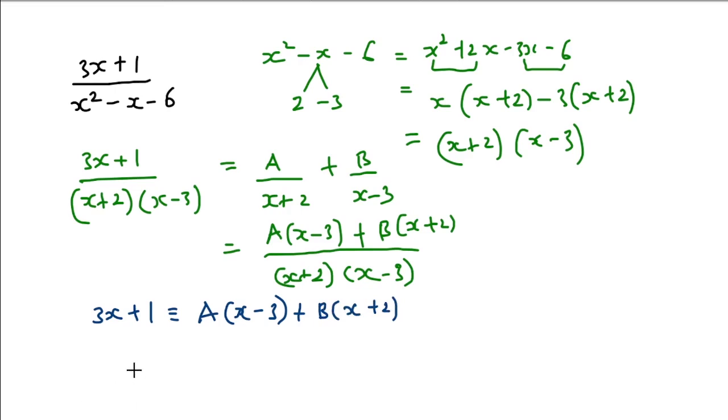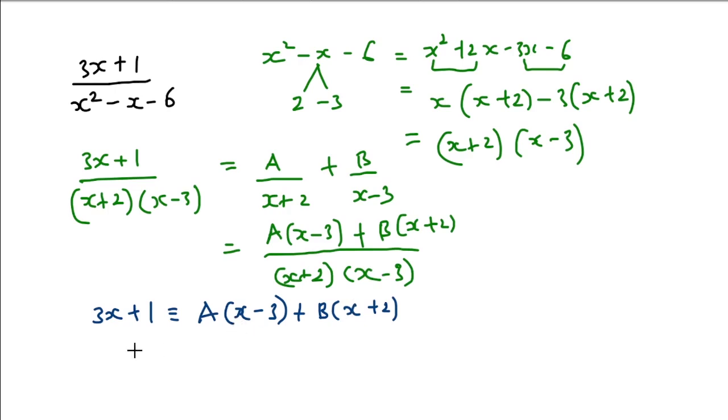So we assume values of x that satisfy this. Of course, all values of x satisfy, but we choose intentional values that will help us find these unknowns. So I'll choose values of x that will help me eliminate either a so that I find b, or eliminate b so that I find a.